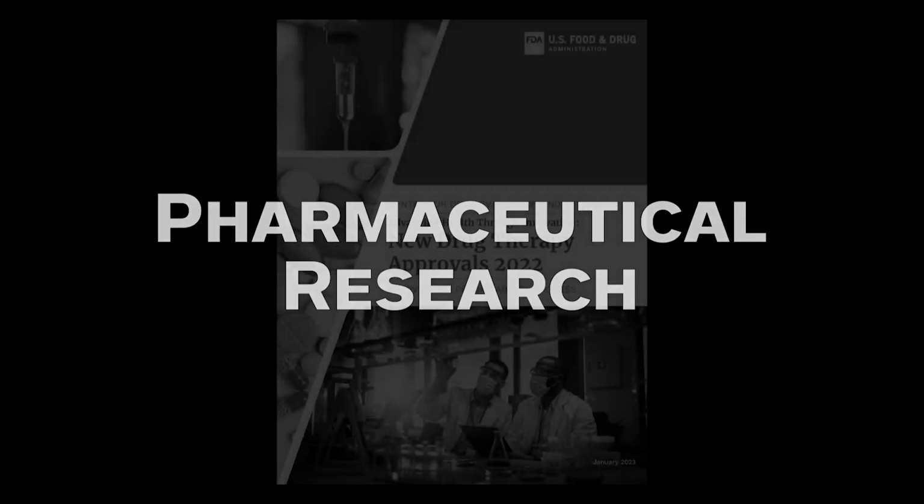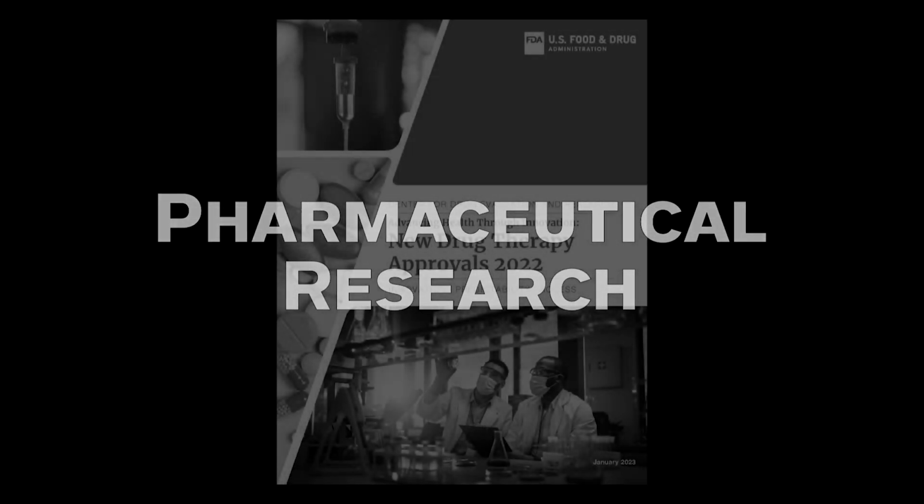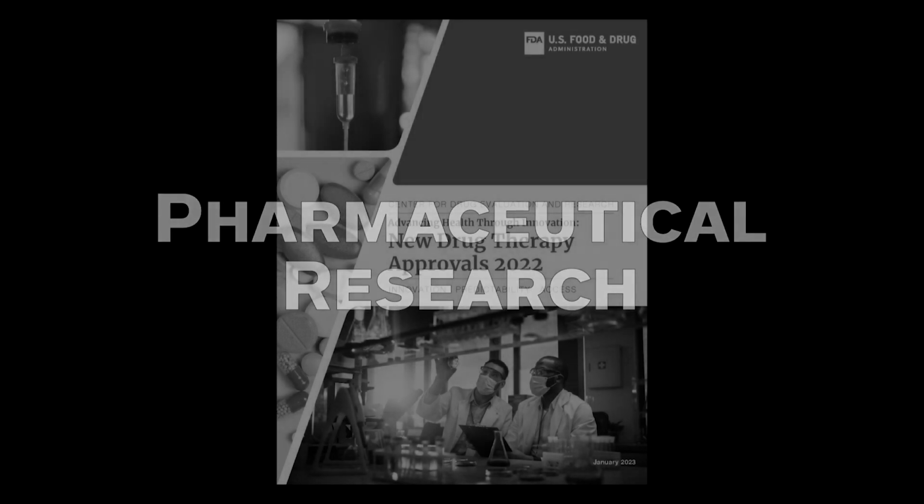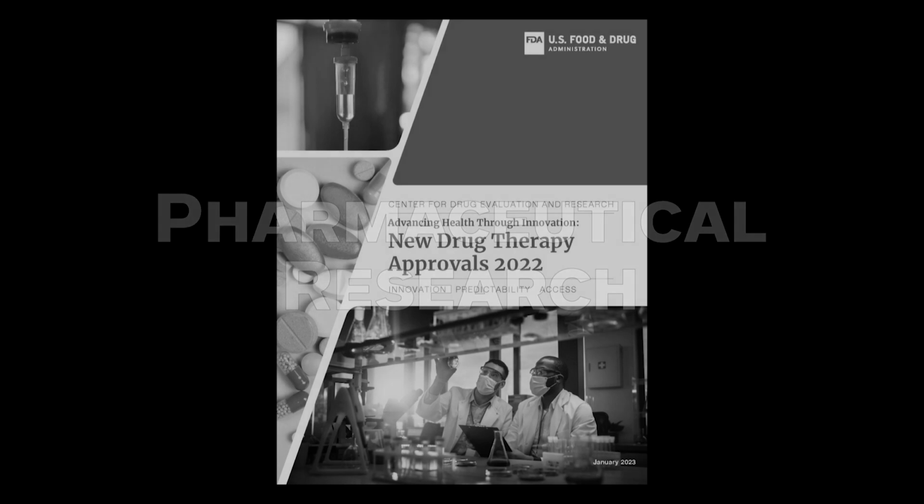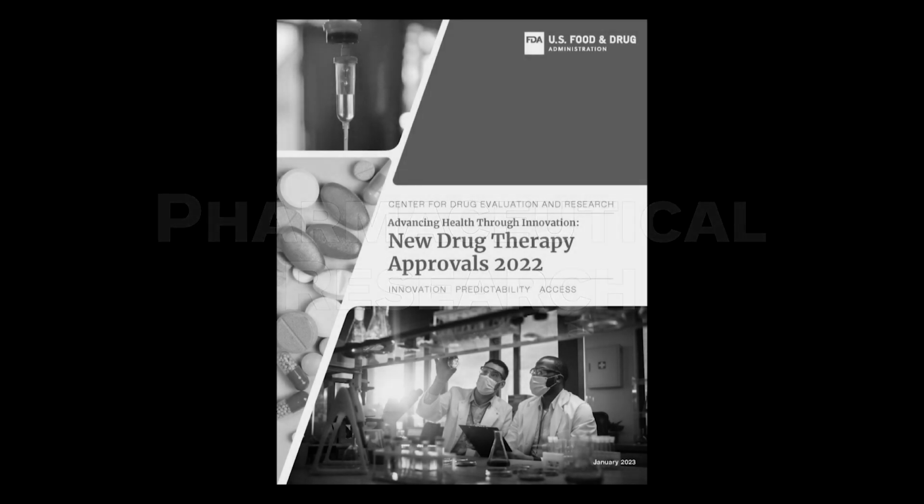Pharmaceutical research. In January 2023, the FDA, United States Food and Drug Administration, published the new drug therapy approvals for 2022. HPLC is used in many of the steps to discover, develop, introduce, manufacture, and distribute new drugs.